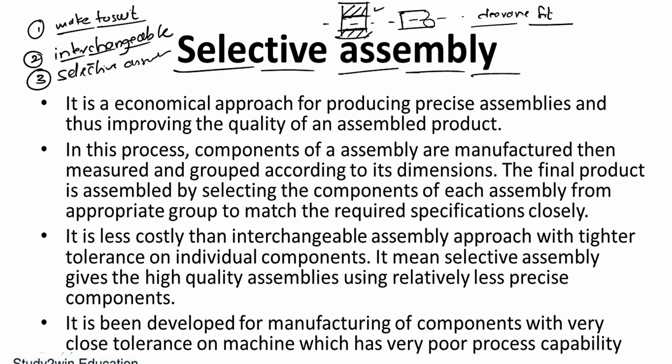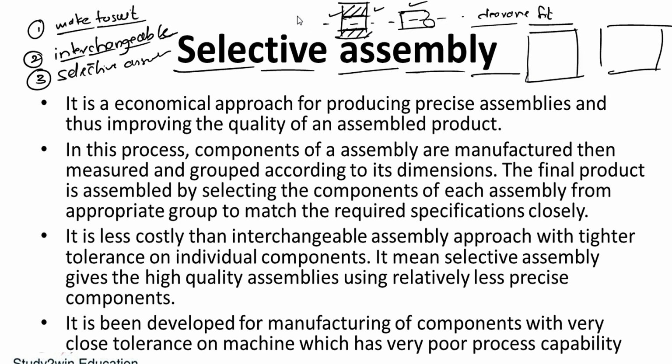Then there is a well-known assembly called interchangeable assembly. This is widely used. All automobile industries, all big industries use interchangeable assembly. Interchangeable assembly means there are again two components. One is a hole component and one is a shaft component. Here you have to give tolerance on the components.